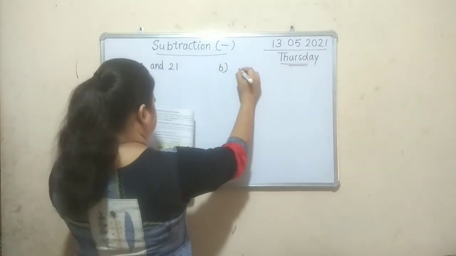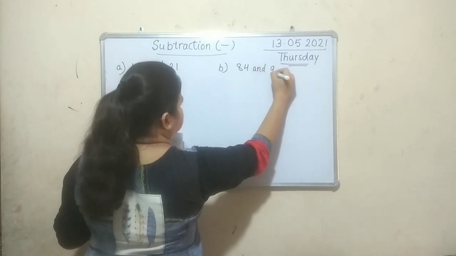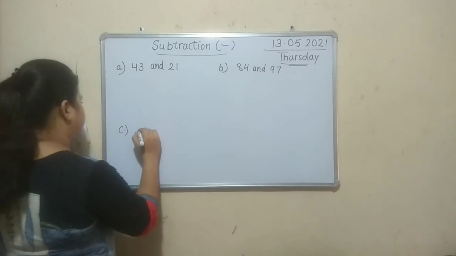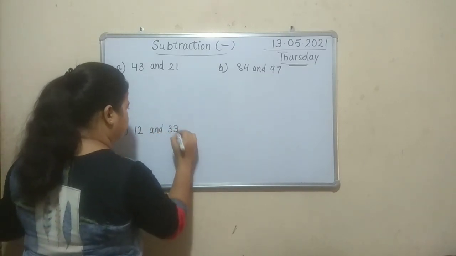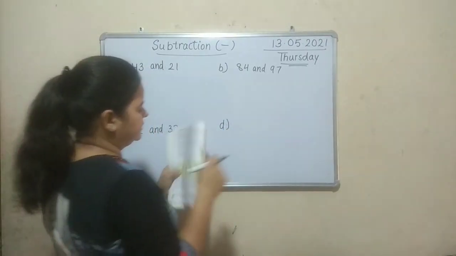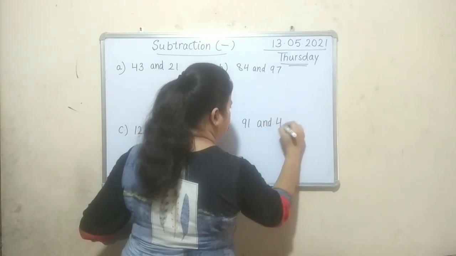Next is 84 and 97. 12 and 33. 91 and 40.